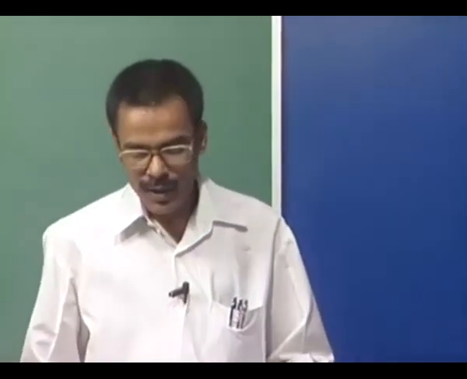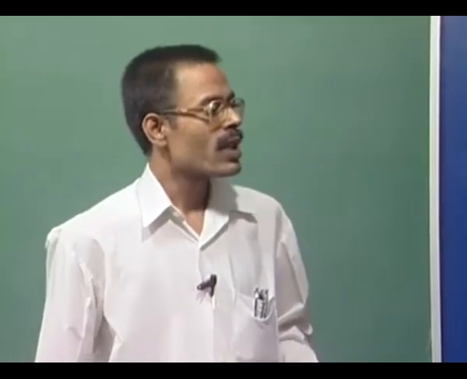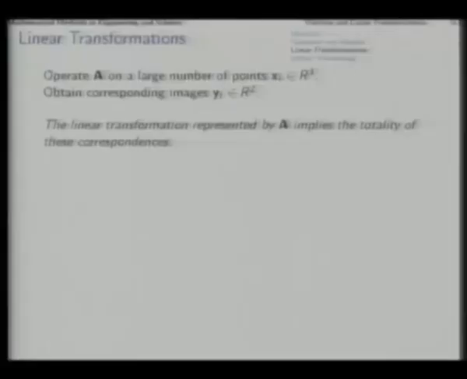Now, as we have started discussing the issue of linear transformations, consider this. Suppose we take this matrix A and we operate it on a large number of points in the domain R3. That means x1. Now, this x1 is a vector x1. We are not referring to the coordinates anymore.